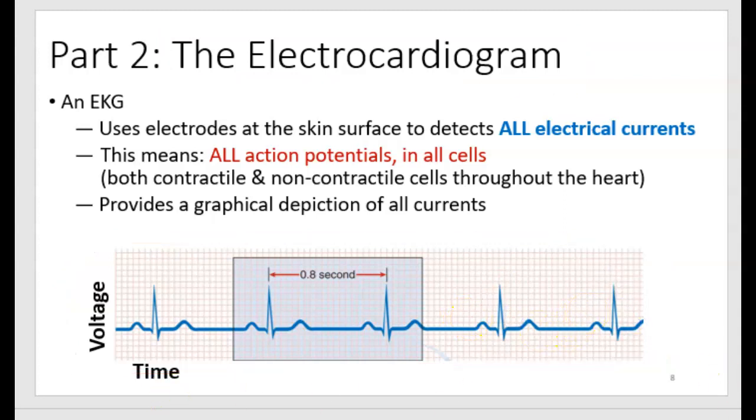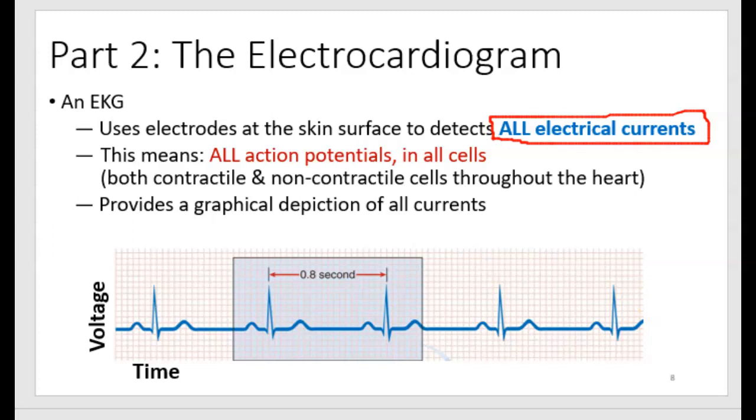Please, right now, I want you to listen to this for a second. Those are not action potentials. Okay, this is not an action potential. Not an action potential. Instead, what an ECG is doing is measuring all electrical currents that it picks up.